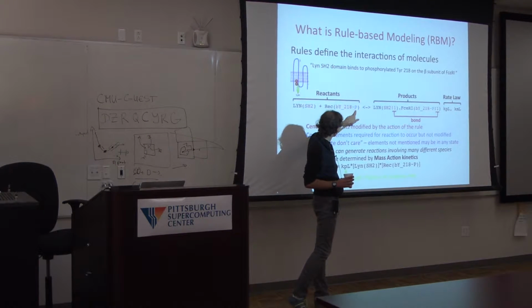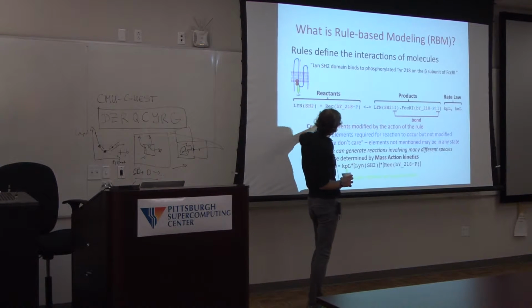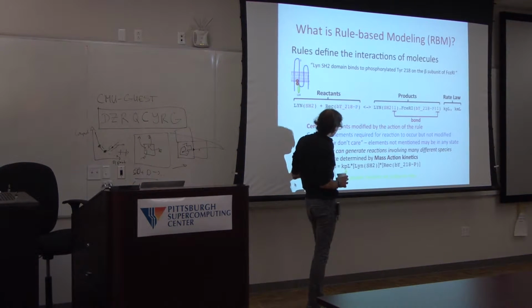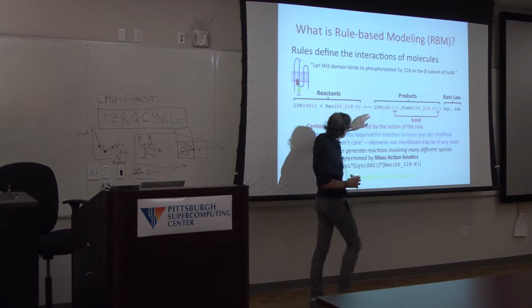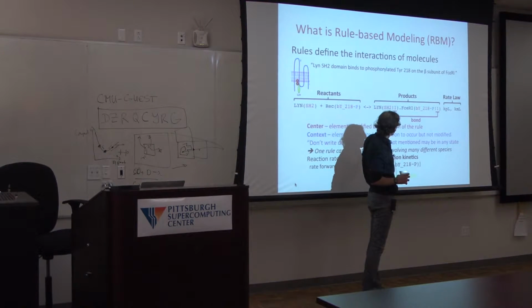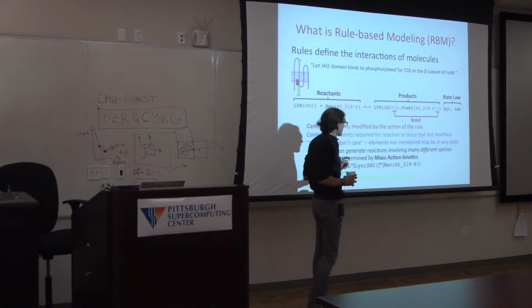So the reactants specify the conditions that must be satisfied by the reactants to undergo the transformation that's specified by the rule, which here is the formation of a bond between the SH2 domain and the beta subunit of the receptor.